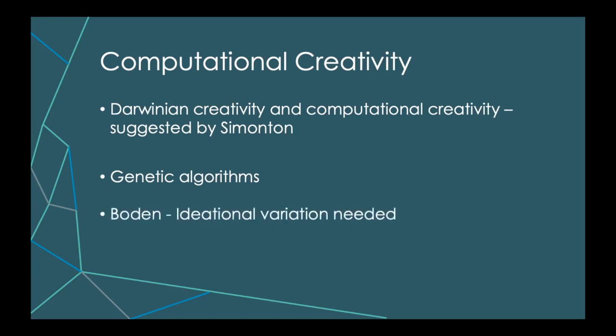Margaret Boden has talked about Darwinian creativity as a potential model for computational creativity. So she suggested that while we would need blind variation in order to match human creativity, you would also need ideational variation. So that's variation of ideas, not merely just variation within existing rules or constraints.